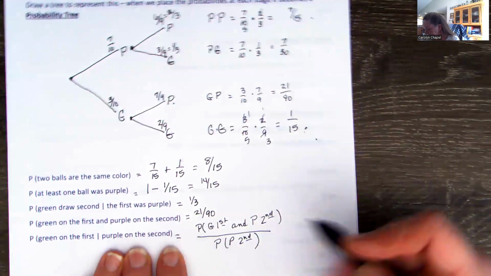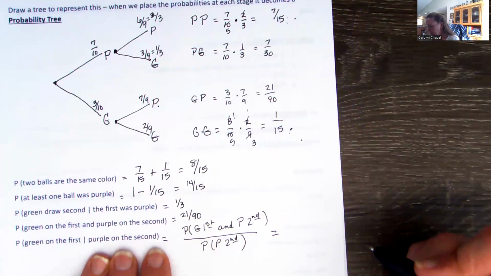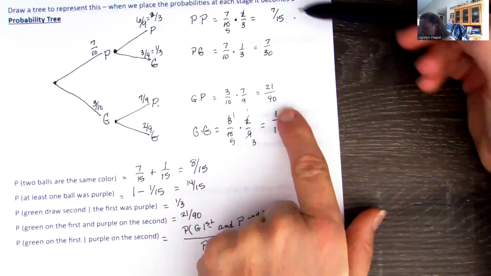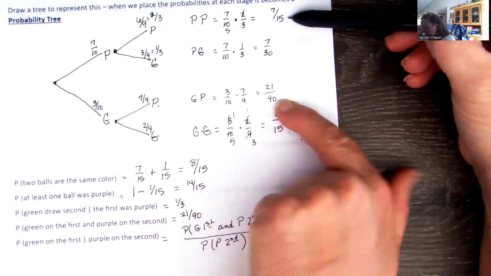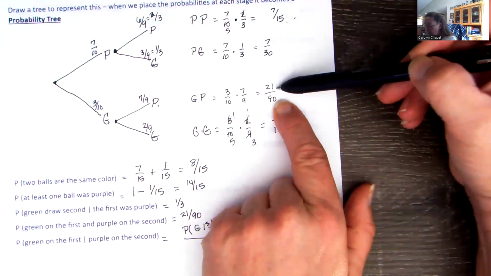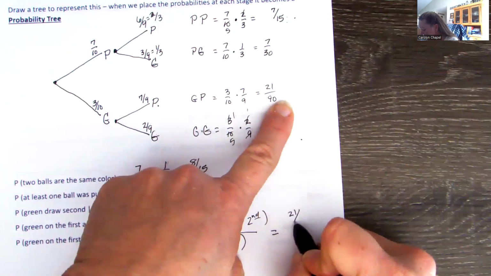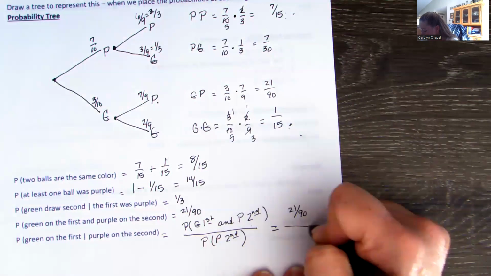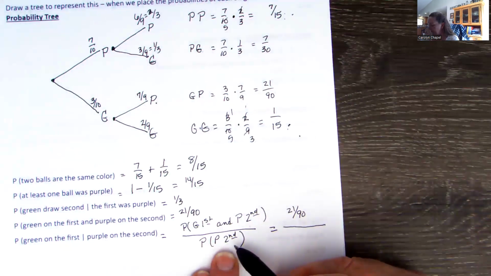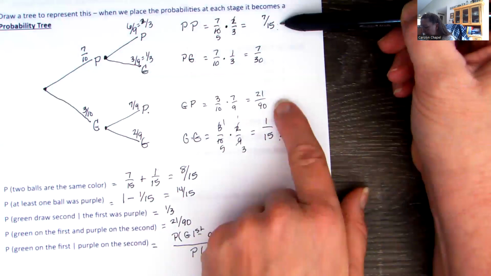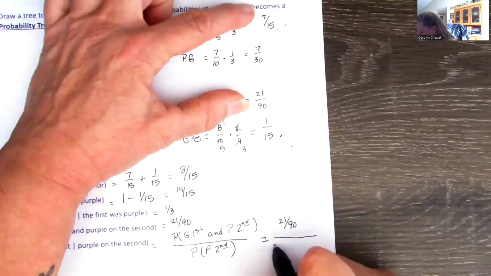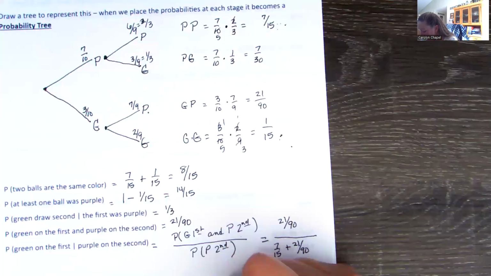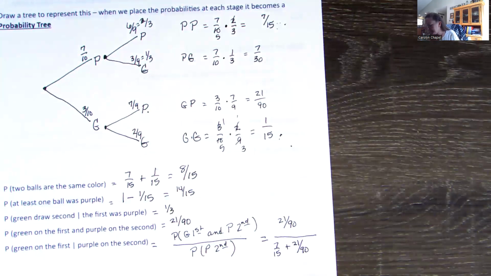Okay. So again, thinking about how this conditional stuff works. So purple on the second was these 2 branches. So I want the and statement on top, that 21 out of 90. That's my green on the first and purple on the second. Given purple on the second, which means I'm here or I'm here. So I'm going to have to add those 2 together. And this is where I'm going to get my calculator to help me out a little bit.